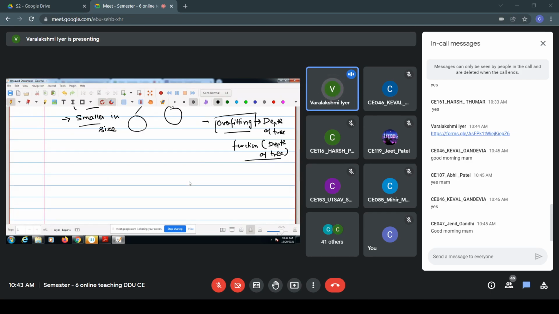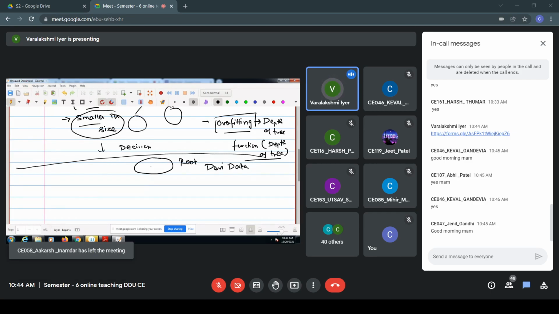First, whenever we are creating a decision tree classifier, our bias is that we have to choose a decision tree which is smaller in size. For that purpose, we are trying to choose a root node based on which we'll divide our data, we'll split our data. So first, there is an attribute constraint, a splitting criteria, that is present in the root node.